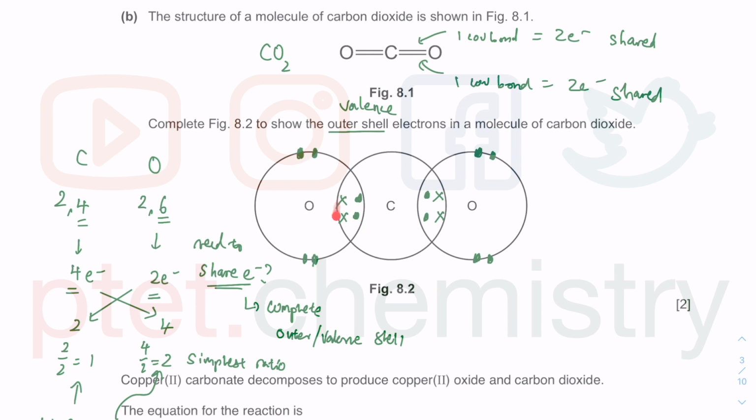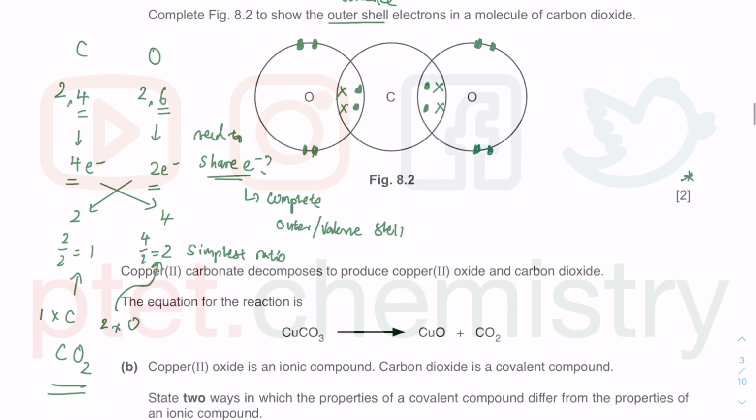It now shares 2 from carbon, so this oxygen has 8 electrons in the outer shell. This carbon started with 4 crosses and now it shares 4 of the outer shell electrons with 4 more, 2 from each oxygen. So now 1, 2, 3, 4, 5, 6, 7, 8. This carbon has a fully filled outer shell. You have to check in order to get your full marks, just like that.